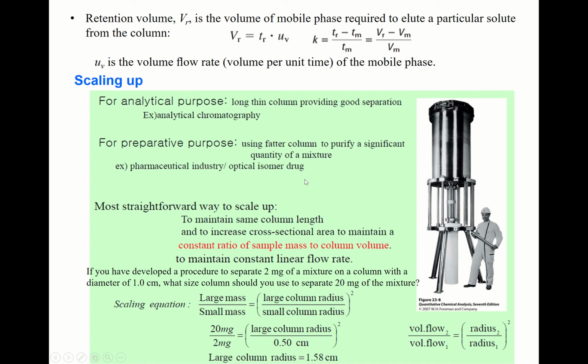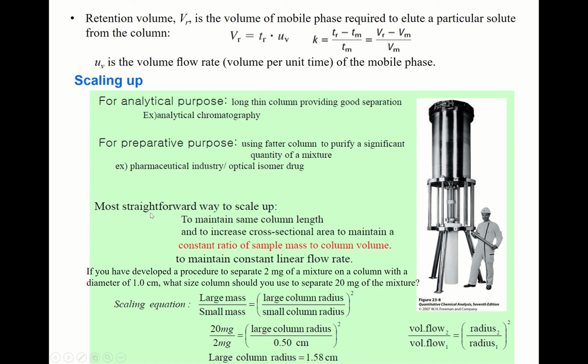You want to acquire a large amount of the solute for processing or for selling purposes. In that case, you have to scale up, so we call it preparative, for example preparative liquid chromatography, prep LC. And usually the scale is very large.